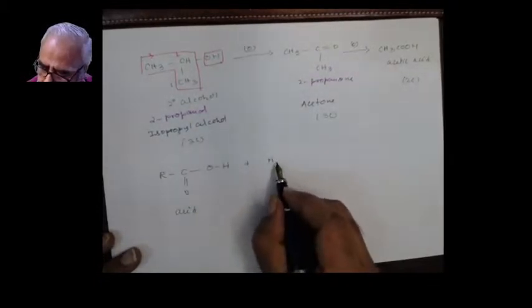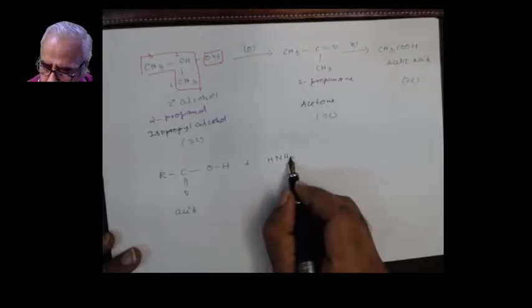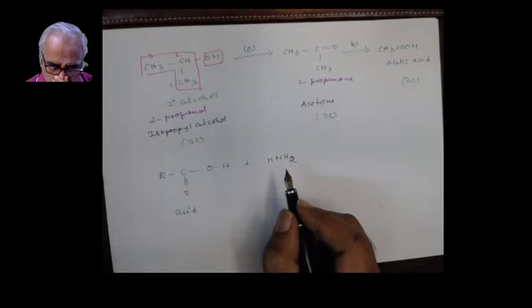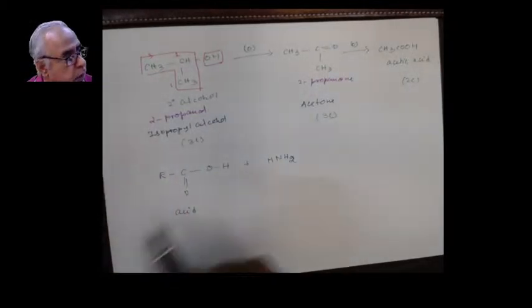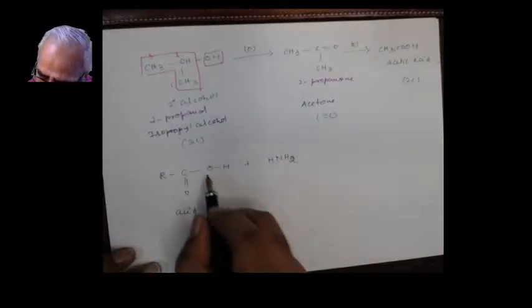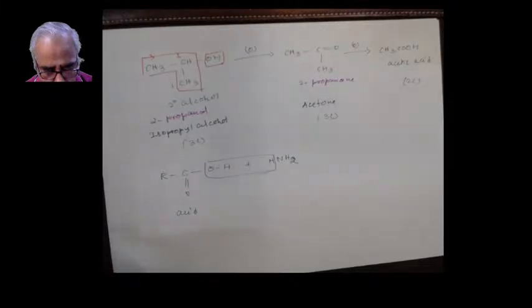Combine this with ammonia. So I am writing ammonia in this way, NH3 as NH2H, and this can combine to undergo a condensation.